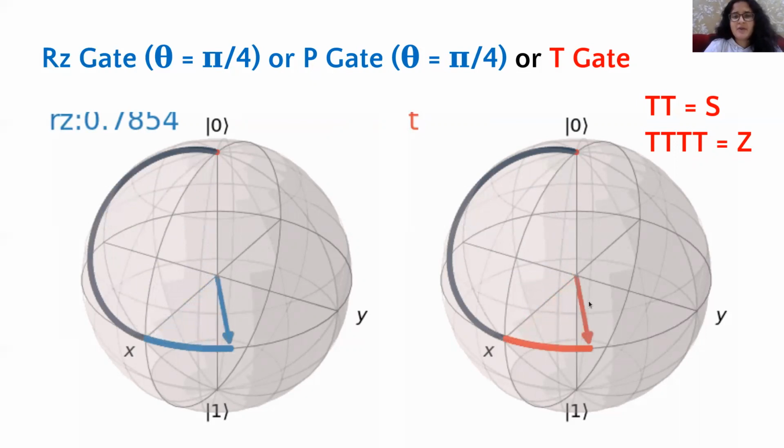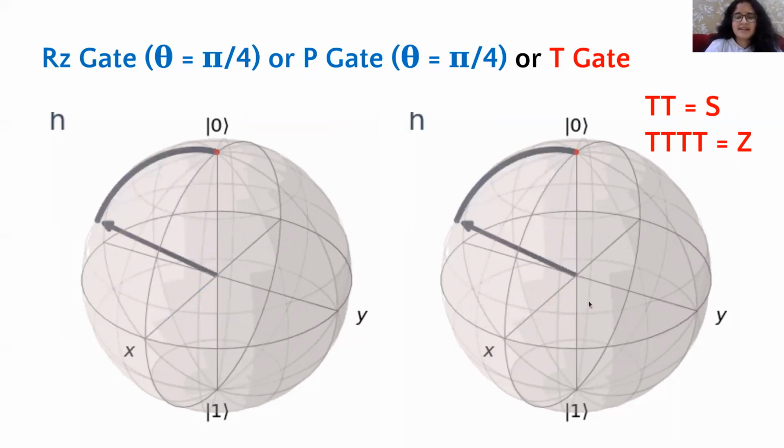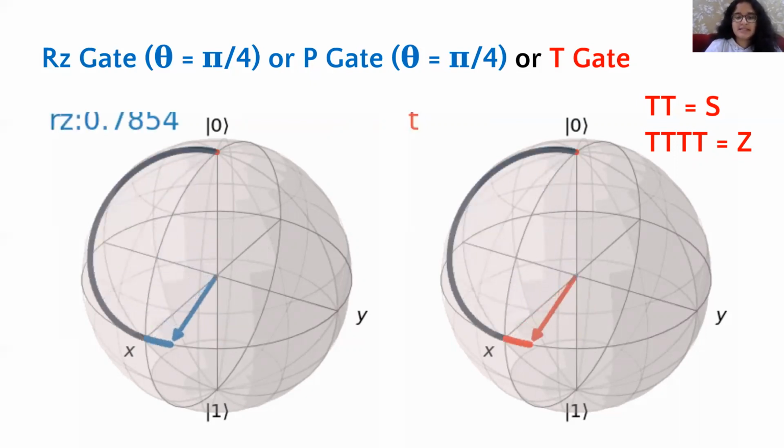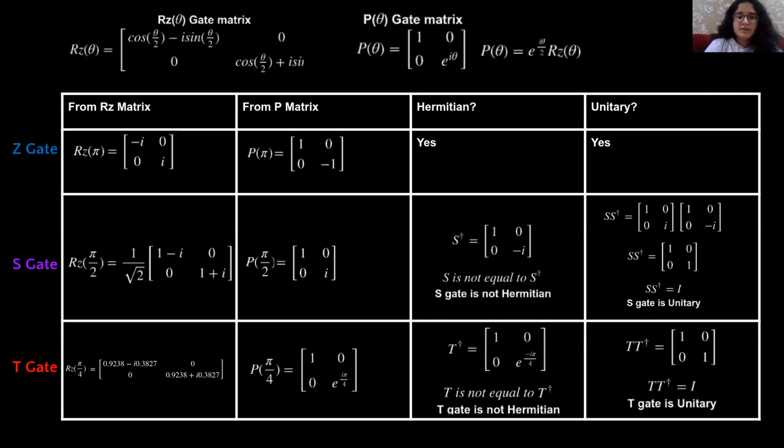So now, in tabular form to summarize all of this, let's look at the matrices for the T gate and S gate over here. We know that this is the matrix for the RZ gate, and this is for the P theta gate, and we can transform between RZ and P gate using this global phase. When we put theta to be pi in this matrix, we get the Z gate to be this.